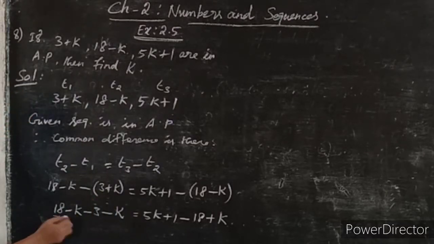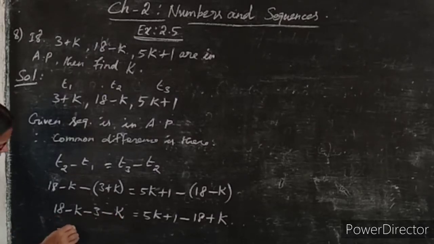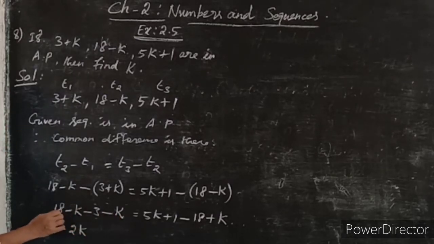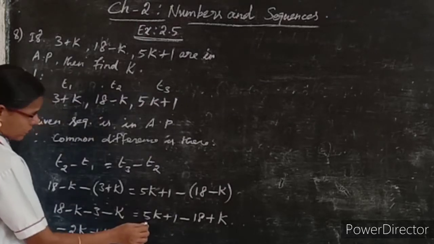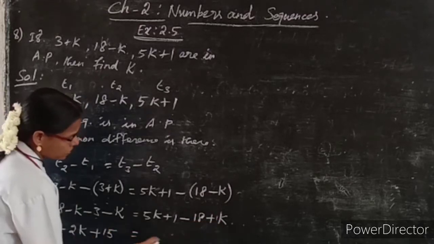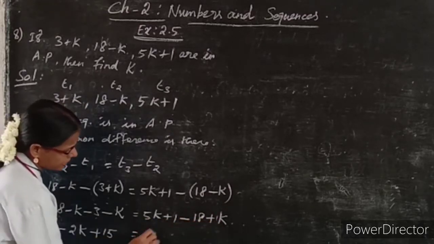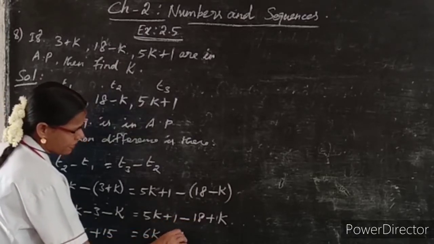Here one constant, here one constant. So minus 2k, 18 minus 3 is plus 15, is equal to 5k plus 1k. This is 1k. 5k plus 1k is 6k. 1 minus 18 is minus 17.